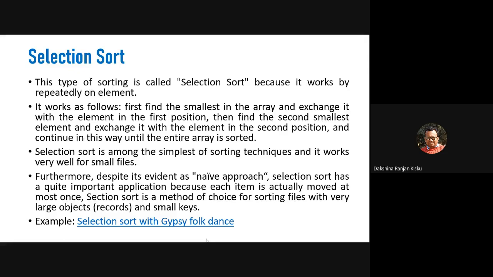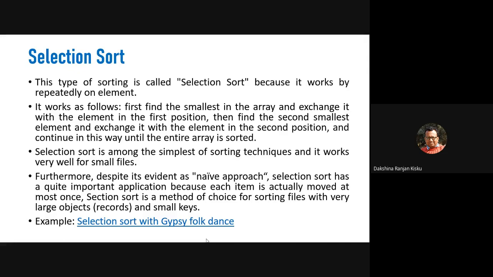When we have to find the smallest element in the array, we have to compare the elements in the array. Then we find the first smallest element, and after having it, we exchange the smallest element with the element in the first position.